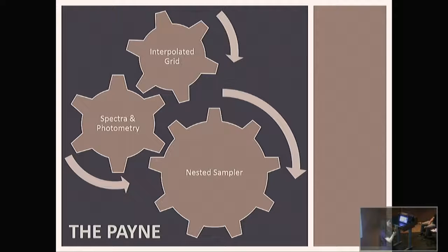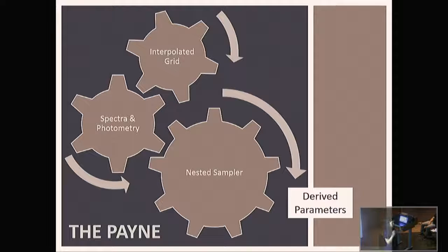And then it compares that, it fits it to the actual spectrum we're feeding in from our spectra, and it takes that fit and it throws it into a sampler, and it does this over and over and over for a bunch of different spectrums from the interpolated grid. And that sampler, what it does is it gives us the best fit parameter for our actual data that we're getting. So what we get out of it are these derived parameters.